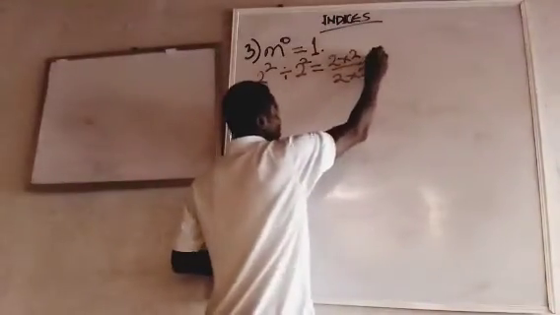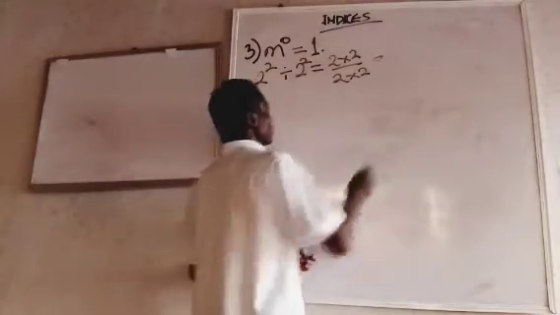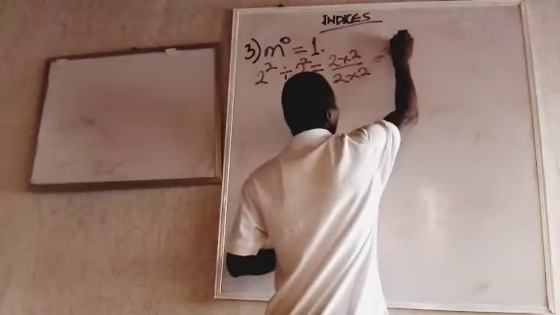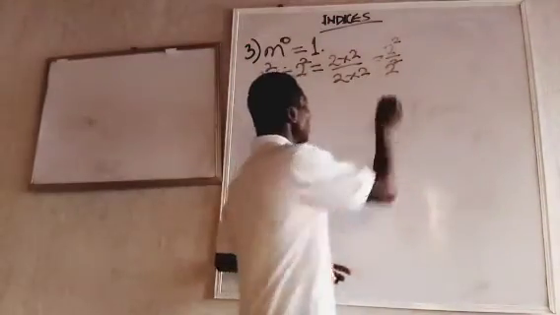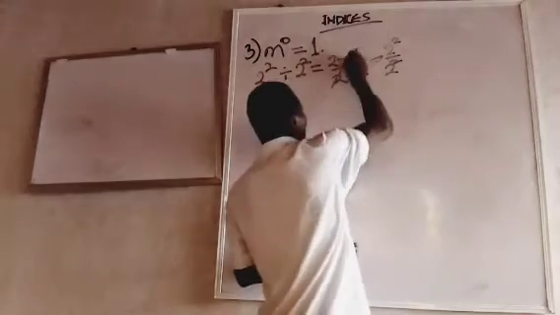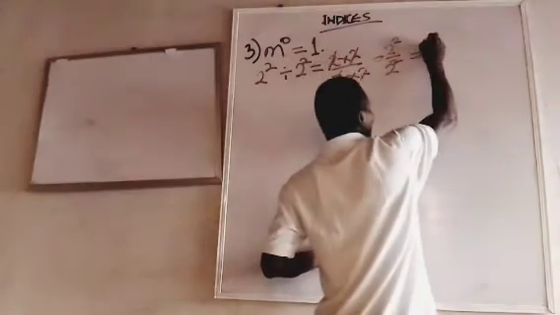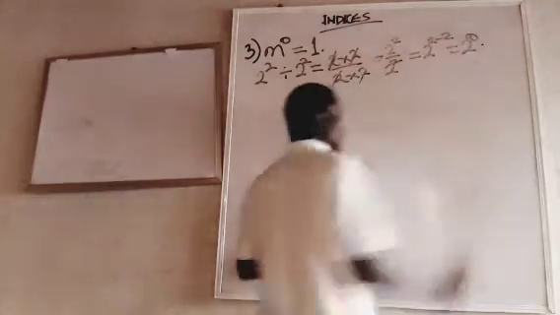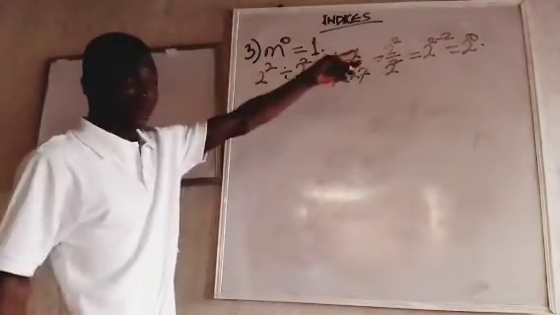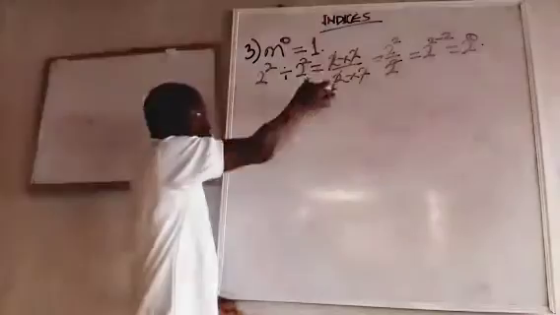Let me put it like this. 2 raised to the power 2 divided by 2 raised to the power 2. So from our previous example, we know that this one is going to be 1. That is 2 raised to the power 2 minus 2, 2 raised to the power 0. So try it with any number. It's going to be 1, because by the time you cut it out, it's going to be 1.